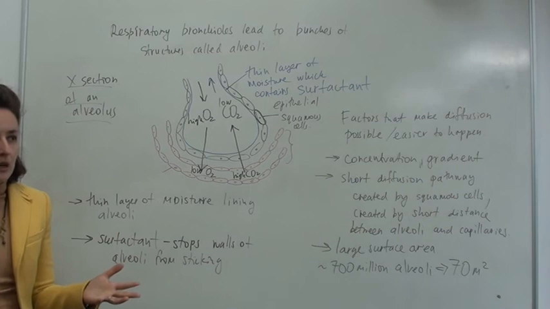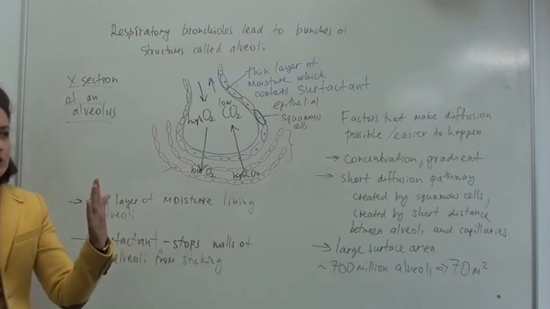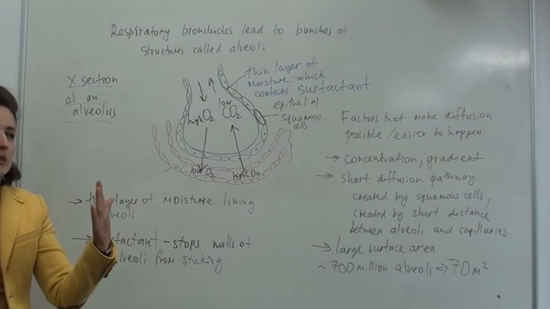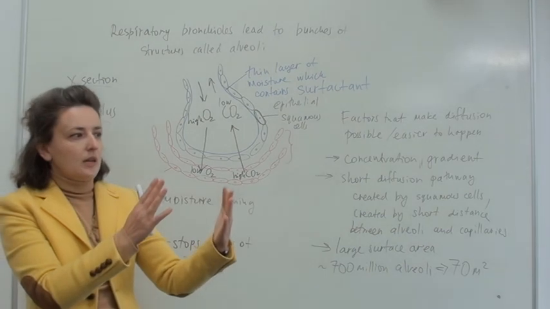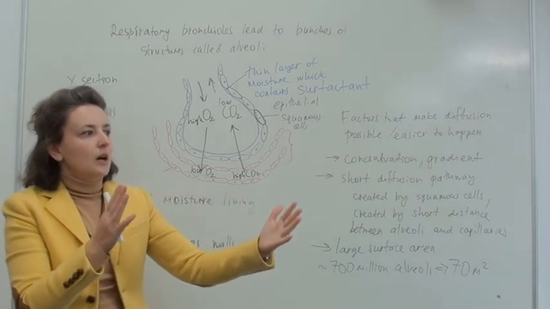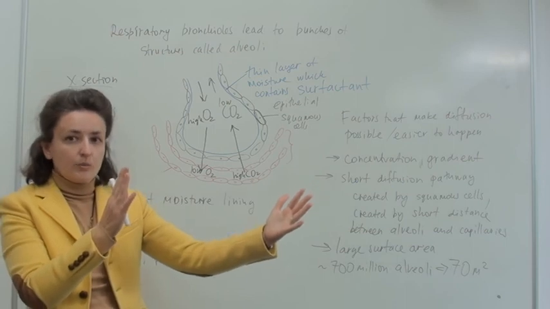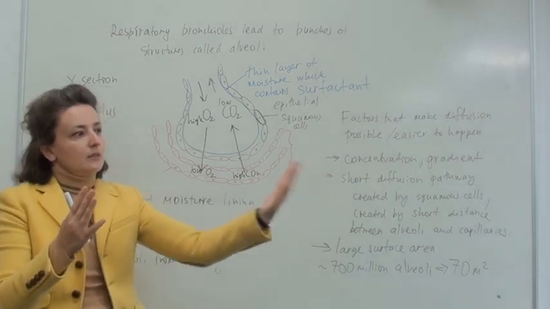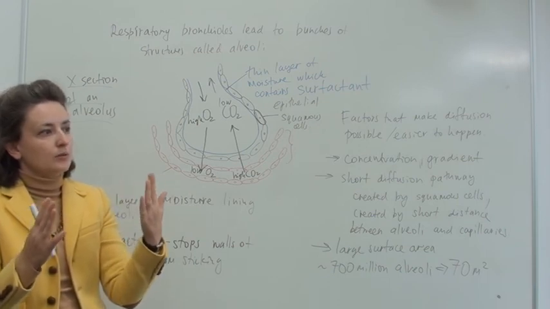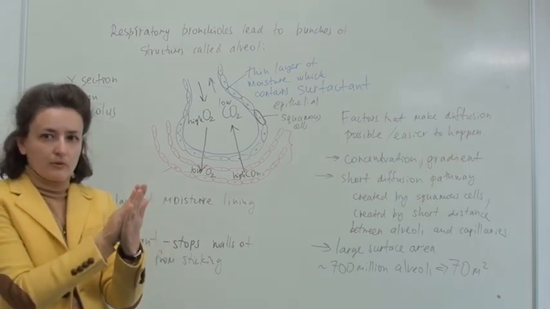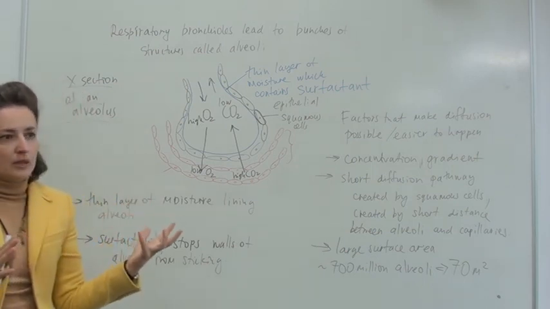Or, in another scenario, if you had a really strong impact, something which can happen when somebody gets into a car accident. They were driving at 70, 80, 90 miles an hour, and then suddenly had a crash, and their car came to a sudden stop, and therefore their lungs had this massive impact. And so not even surfactant is able to prevent those walls of alveoli from sticking. Those sorts of scenarios could lead to something called collapsed lung.